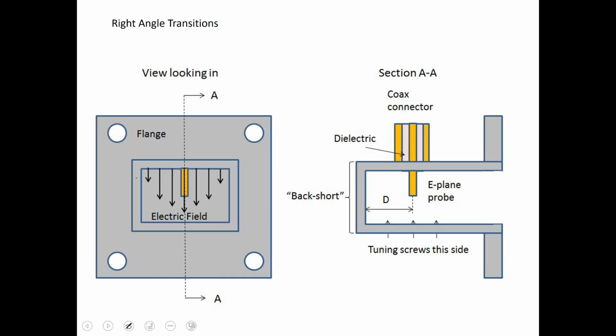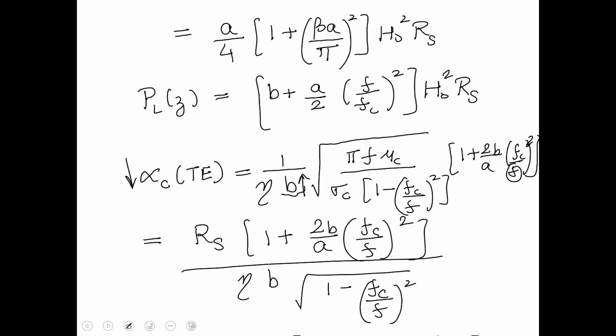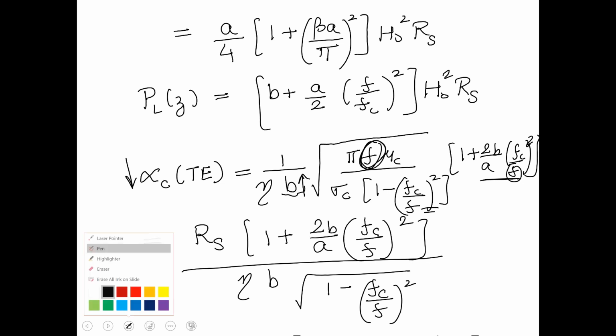and then yes, you have a term over here, and you have a term over here, and then you have a term over here too. These terms decrease with frequency. The term over here is decreasing with frequency. The term over here is decreasing with frequency.